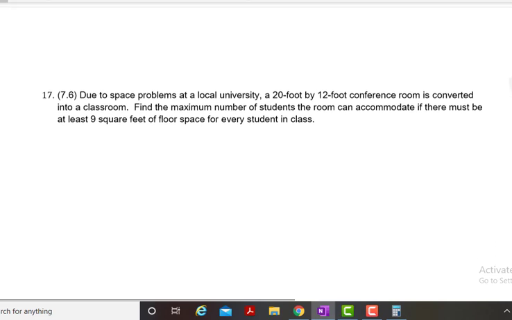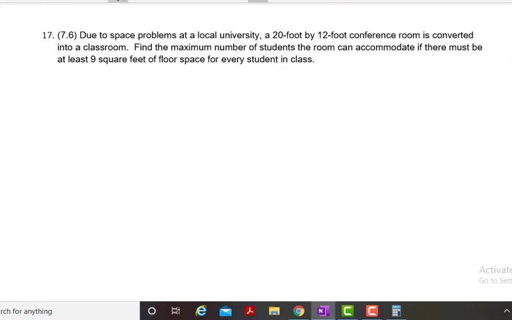Number 17. Due to space problems at a local university, a 20-foot by 12-foot conference room is converted into a classroom. Find the maximum number of students the room can accommodate if there must be at least 9 square feet of floor space for every student in class.